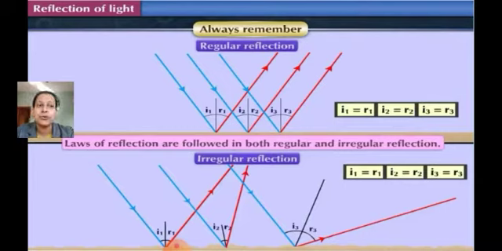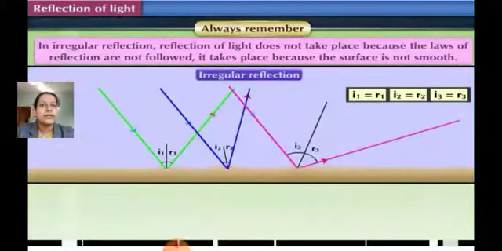So in the case of irregular reflection, the laws of reflection are followed at a particular point, but not at different points. We cannot say that all the angles of incidence are equal. At a particular point, the angle of incidence is equal to the angle of reflection.